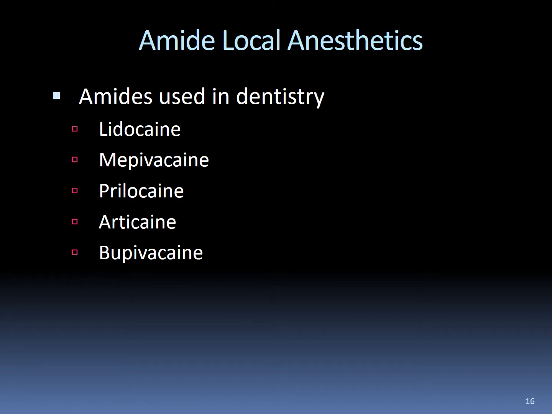There are several different types of amide local anesthetic agents, but the only ones that are used in dentistry are lidocaine, mepivacaine, prilocaine, articaine, and bupivacaine. Within the scope of practice for dental hygiene, lidocaine, mepivacaine, and prilocaine are probably the most commonly used ones. At this time, articaine is being used, but with caution.